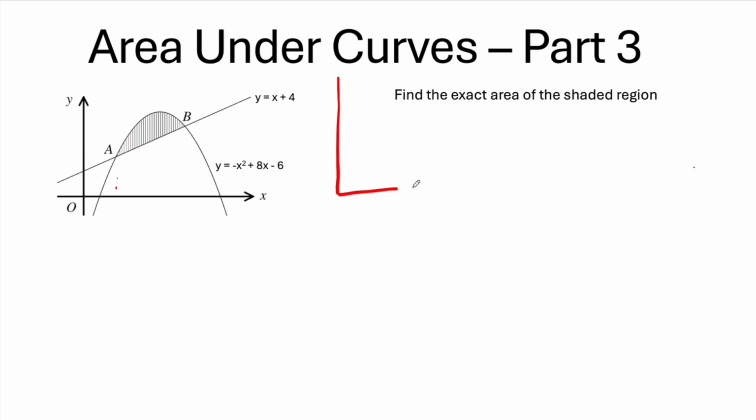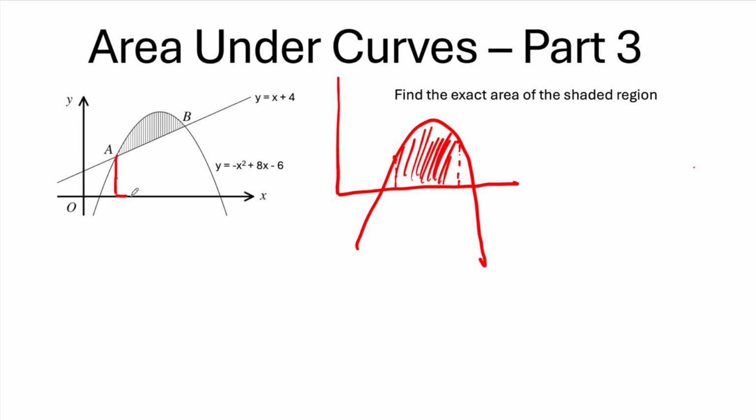So, what have we found? We have found, firstly, the area between the limits a and b under the quadratic curve, and then we found the area of this trapezium. Now that we've got those two values, we can subtract the area of the trapezium away from the area under the curve in order to find the exact area of the shaded region.